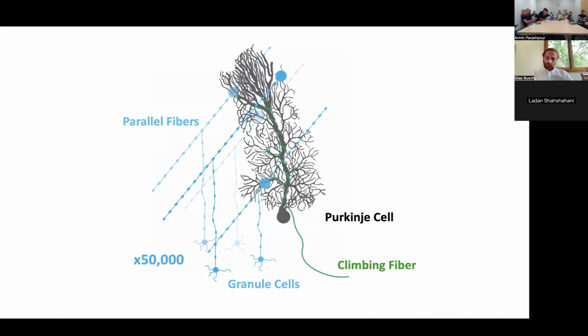And they combine that with the input from canonically a single climbing fiber input, which comes from the olivary nucleus of the brainstem. So the defined anatomy here is this large difference between a wide array of parallel fiber inputs and then a very, very specific one-to-one input relationship between the climbing fiber and the Purkinje cell.